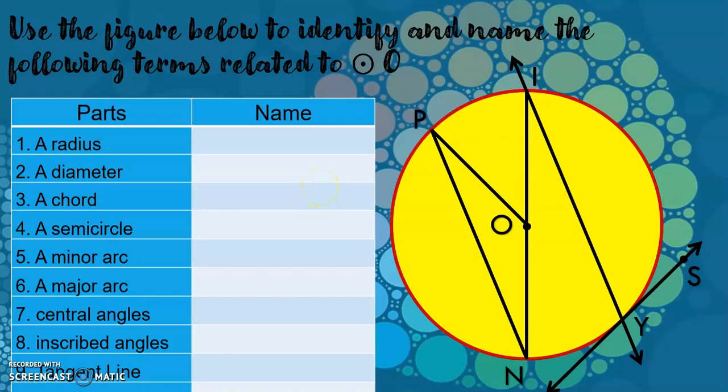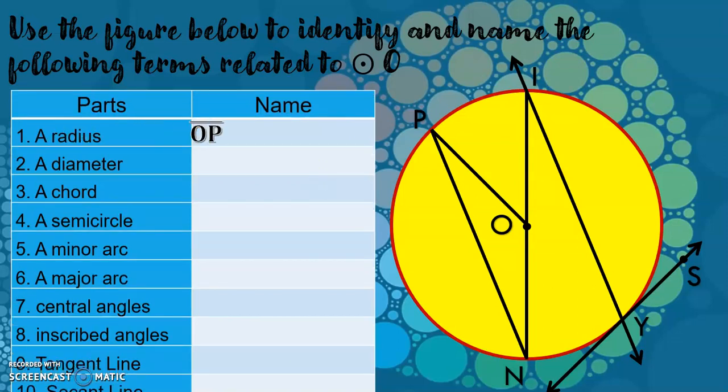Okay, one of them is segment OP. Yes, another, that is segment OI. And lastly, we have segment ON. What about the diameter of the circle? Yes, segment IN.